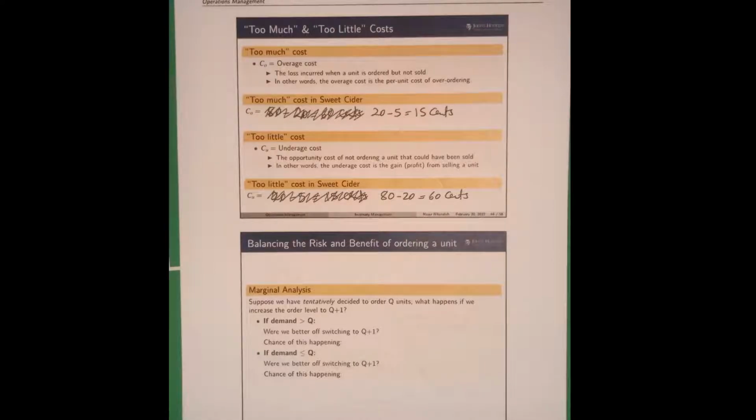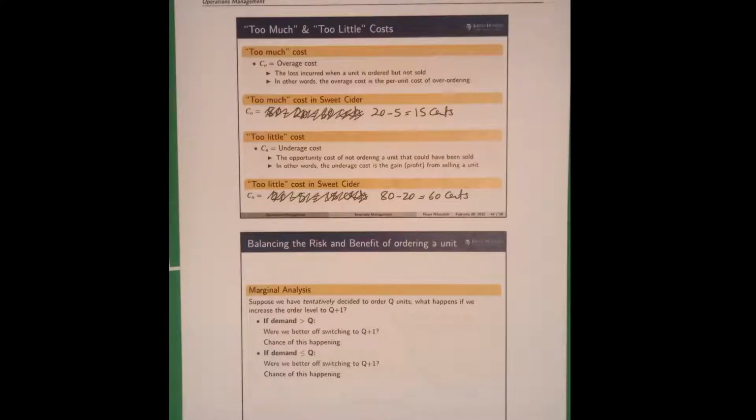Here, those competing forces are ordering too much versus ordering too little, having too much inventory versus having too little inventory. If you order a lot of inventory, the good thing is that if any customer wants the product, you have it. The bad thing is that you probably are going to end up salvaging a lot of your product.